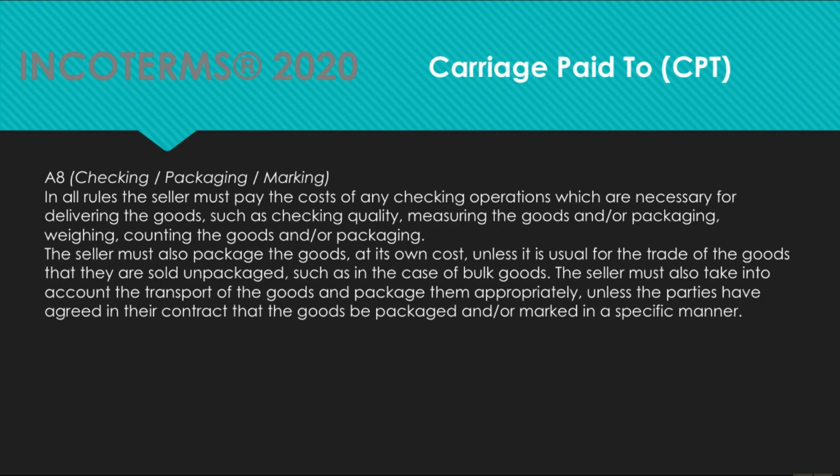The seller must also package the goods at its own cost unless it is usual for the trade of the goods that they are sold unpackaged, such as in the case of bulk goods. The seller must also take into account the transport of the goods and package them appropriately unless the parties have agreed in their contract that the goods be packaged and/or marked in a specific manner.